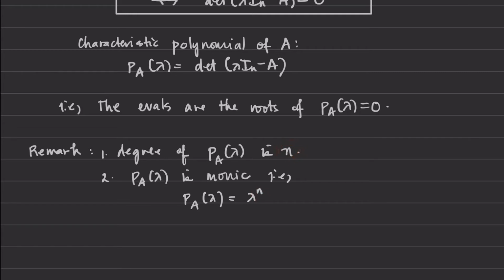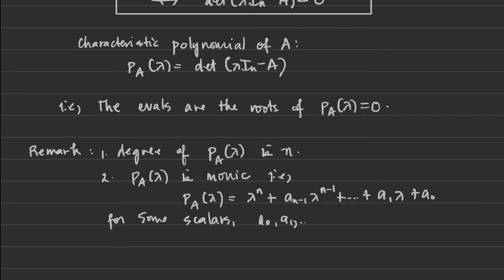Tapos plus, may mga numbers ka pa dito, mga scalars. Okay, so a_1 lambda plus a_0 for some scalars a_0, a_1, yung mga a sub something na yan are mga scalars mo.